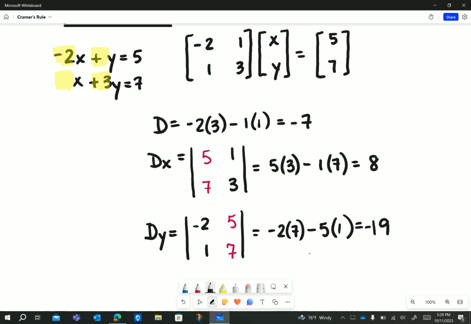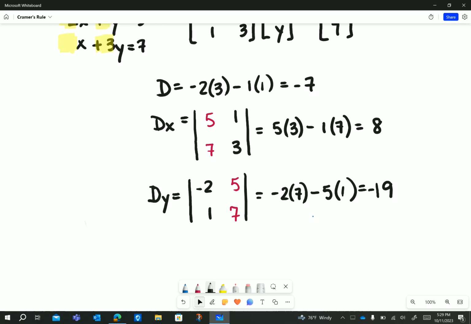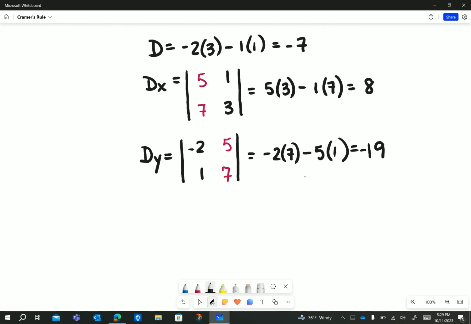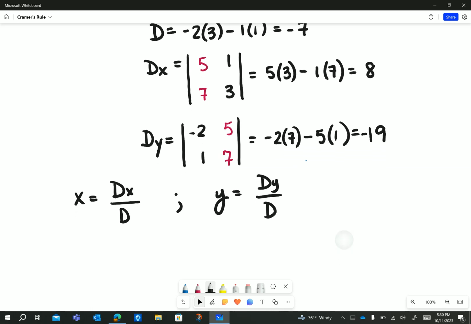Okay. So, once you have calculated those determinants, we know by formula that in order to find our x's and our y's, our x coordinate is found by taking the determinant with respect to x and dividing it by D. And to find the y coordinate, you take the determinant with respect to y and divide it by D. So we're going to do that.